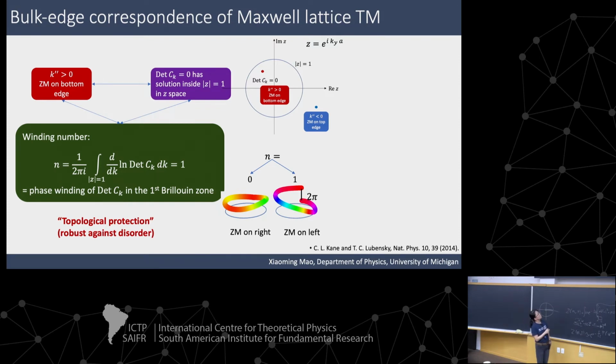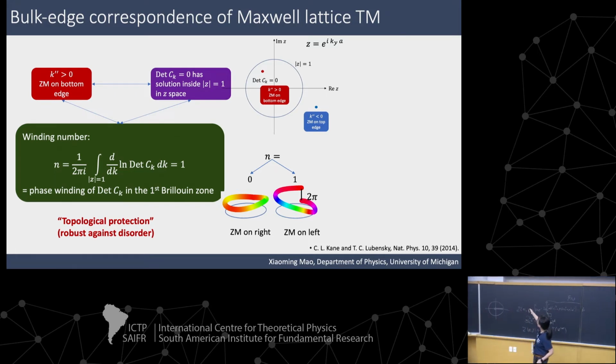And if you look at this formula, you will realize that it is actually, in another way, also calculating the change of the phase of determinant C as you go around this contour. So as a result, it must be integer valued, right? It can only change by integer times 2 pi.